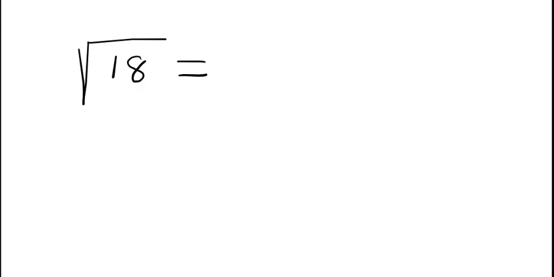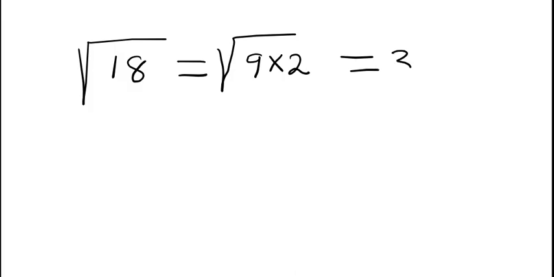When you look at that, you get 9 multiplied by 2, which will give you 18. And in this factor pair, we have 9 as a perfect square. So square root of 9 will give us 3. Then you have your root 2. So this becomes your answer.